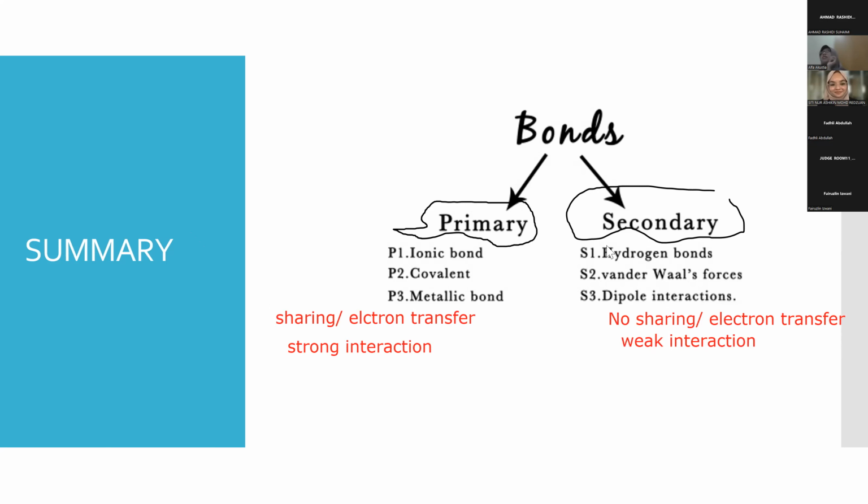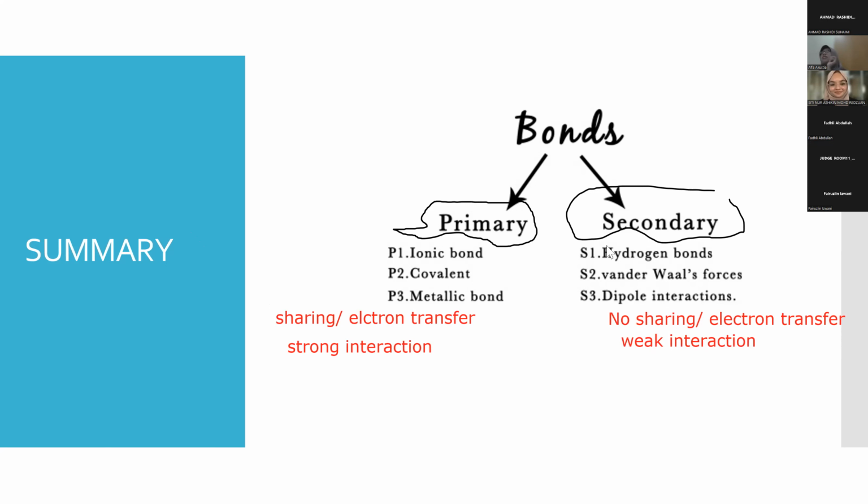If I have a methane molecule, CH4, what is the type of primary bonding in methane?